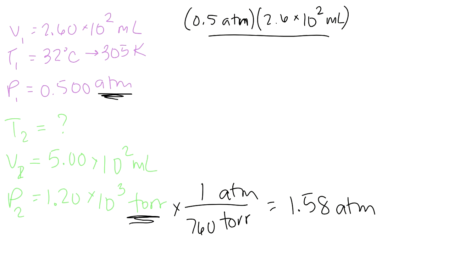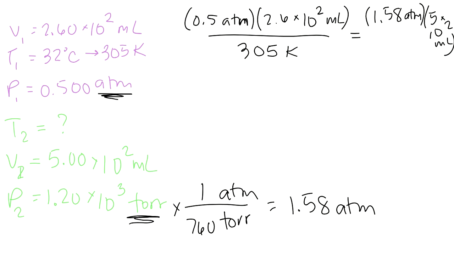Over our T1, which is 305, equals, so our second P, we changed to 1.58. And our new volume is 5 times 10 to the second milliliters over our new temperature, which we don't know.